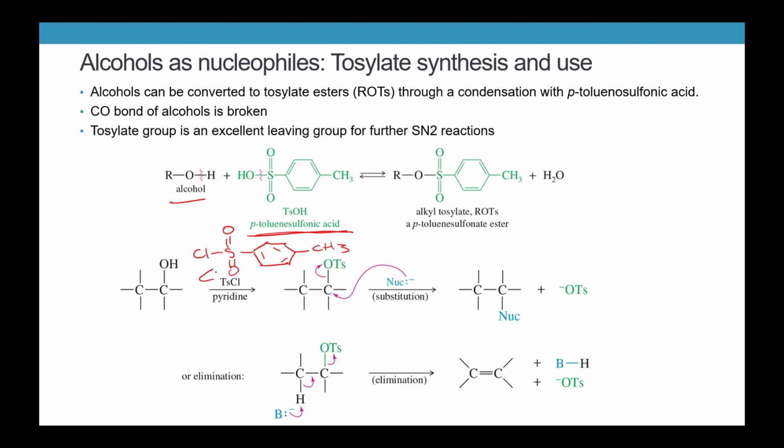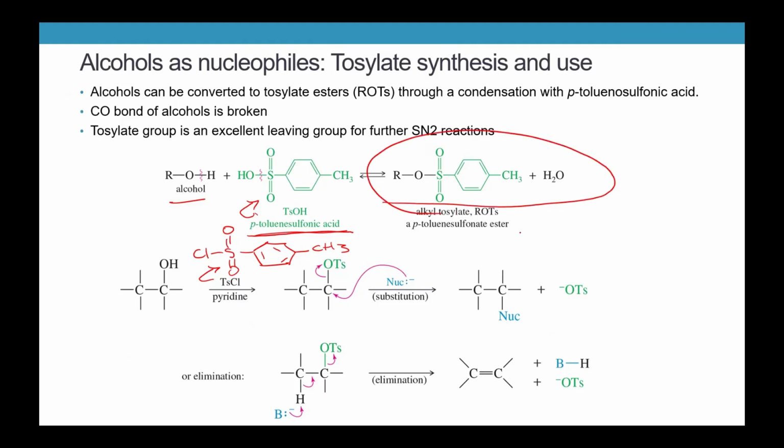So this is the tosyl chloride, and this is the toluenesulfonic acid. They will both lead to a tosylate, which looks like this.